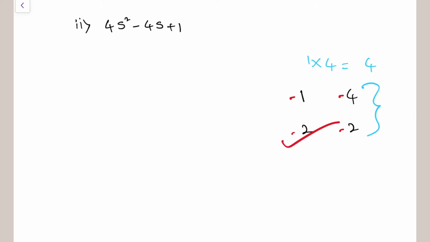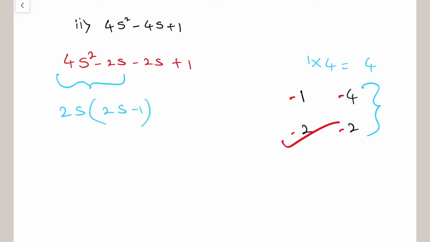This is the pair we required. So write the first term 4s square as it is. -4s can be replaced by -2s -2s, plus 1 as it is. Now from the first term and the second term we can take out 2s common, then what remains is 2s minus 1. Next, here also write the same again, 2s minus 1, and observe the third term.